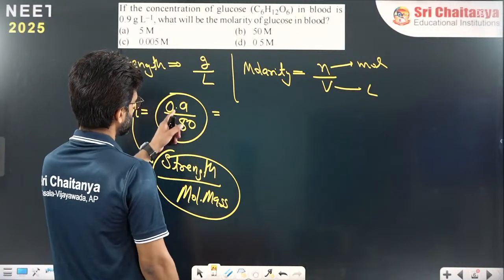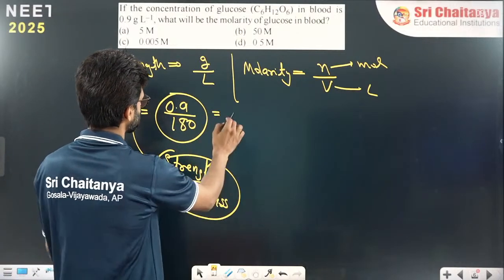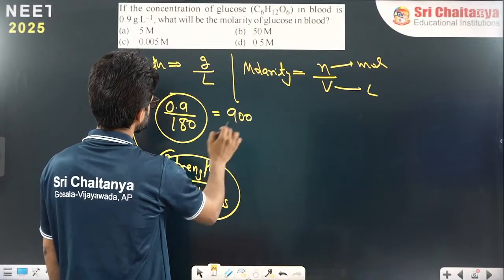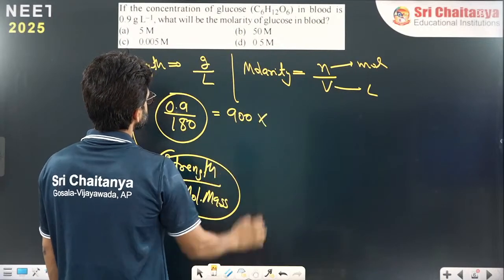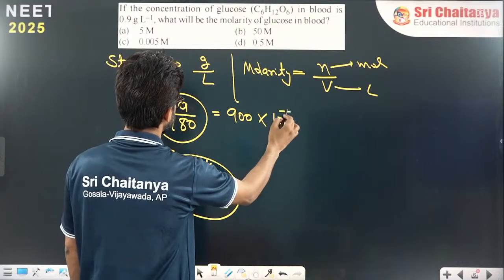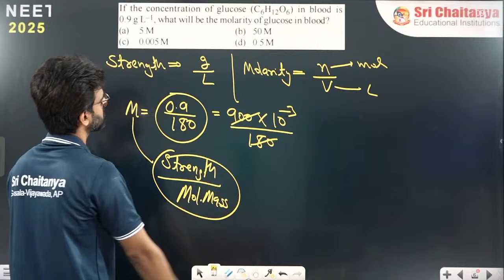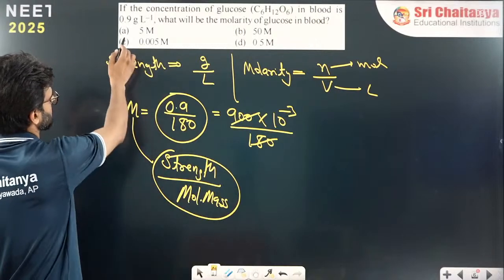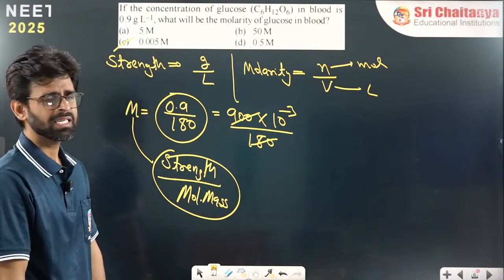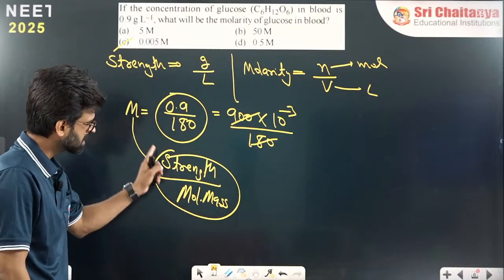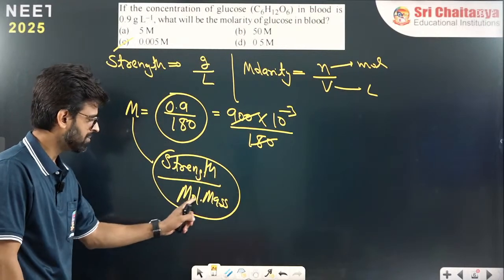If you see, we can write it as 900 times 10 to the power minus 3, divided by 180. So from here, how much is coming? 5 times 10 to the power minus 3, or you can say 0.005. Fine, easy. Again, I'm saying molarity is the strength of the solution divided by the molar mass.